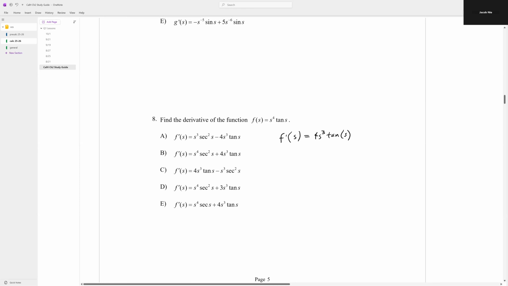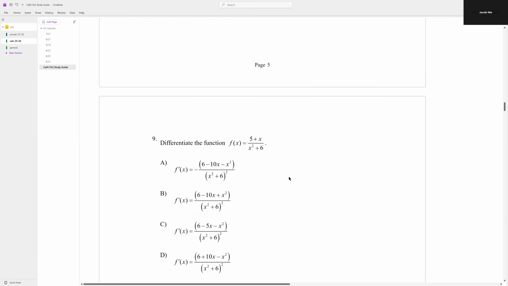And then we're going to add s to the fourth times the derivative of tangent s, which is secant squared of s. And so that looks like it corresponds to choice B again, if I'm not mistaken. Yeah.